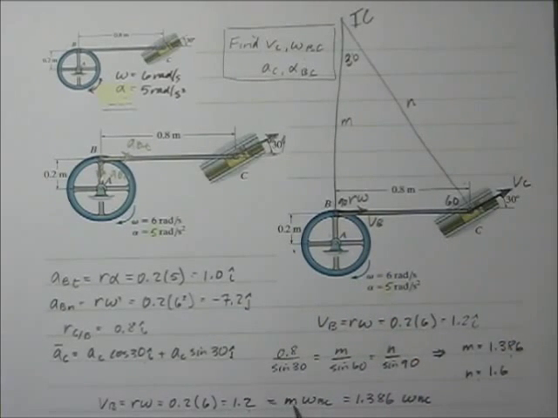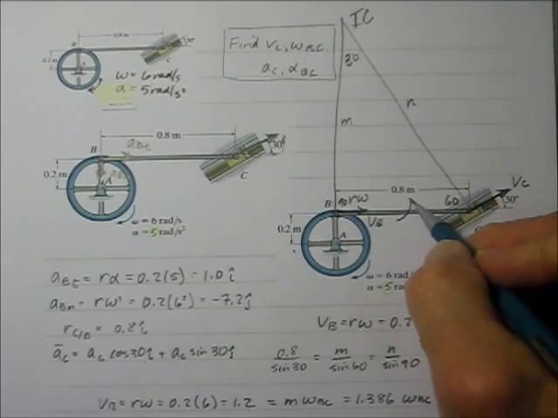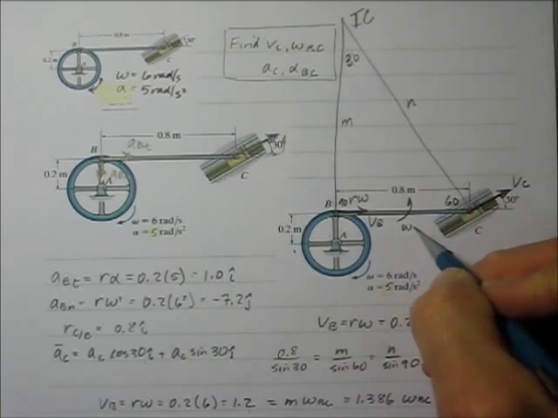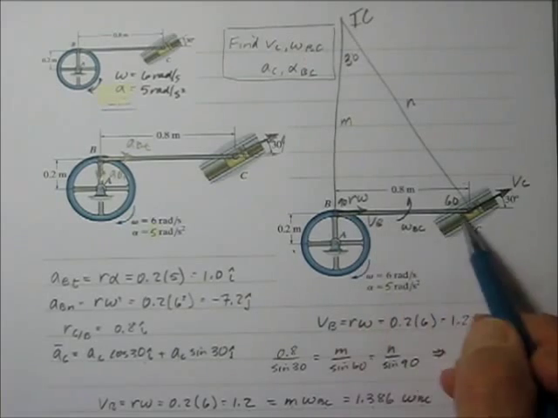We also know that it is equal to M times the omega of BC. And omega of BC is going in this direction. So I can say that M omega BC is equal to 1.386 omega BC, and I can see that the omega of BC is equal to 0.8658. That's the omega of the link here.